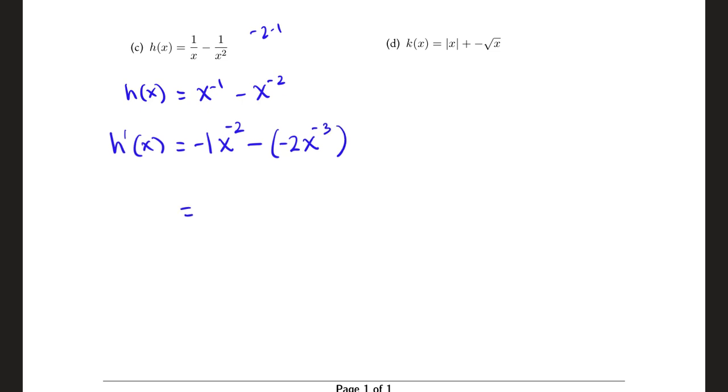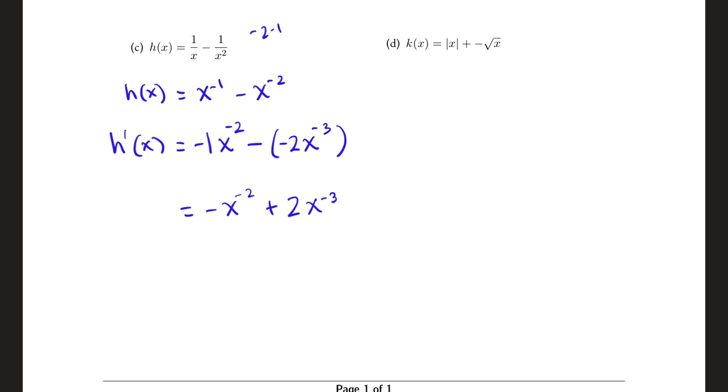And lastly, we simplify this. This is negative x to the negative 2 power. Negative times negative 2 is positive 2, x to the negative 3. In the previous example, we did not need to rewrite it using positive powers, but in this case we do, because in the previous example the original problem was given to us in negative power form, so we gave the answer in negative power form.